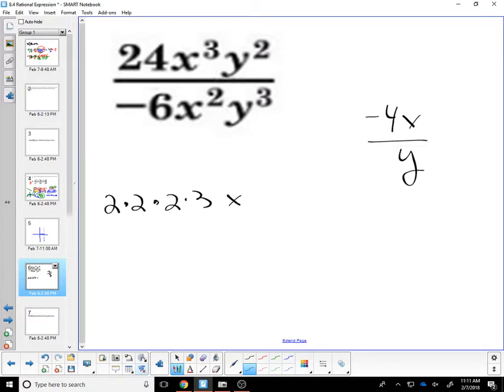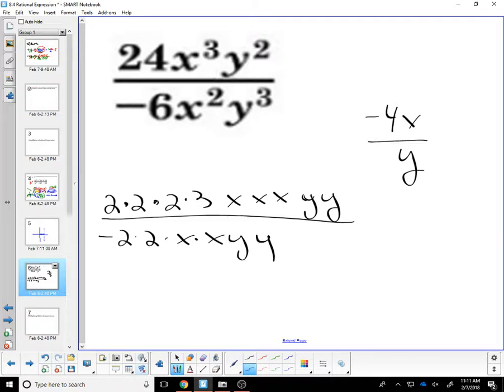Then I've got x, x, x, y, y. And at the bottom, I've got negative 2 times 2, x, x, y, y, y. And then guess what I do? I have a heyday with the anything over itself is 1 rule. So this is 1, this is 1, this is 1, this is 1, this is 1. What else? One more x.